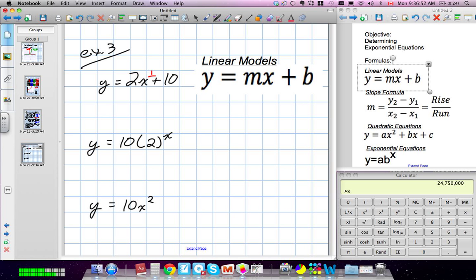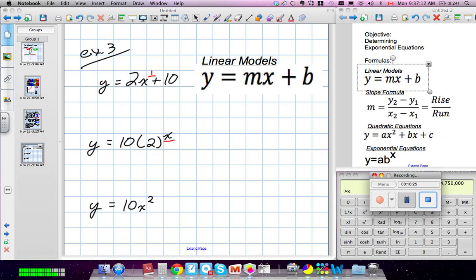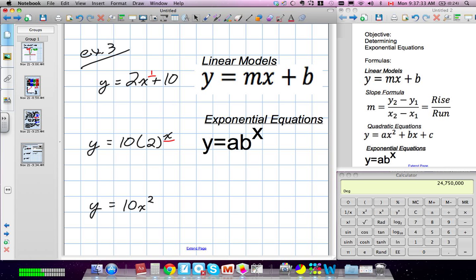Does anyone know what our second one might be? How do you know it's exponential? The variable in this one is an exponent. So because the variable is an exponent, that means we're dealing with an exponential function. So we have an exponential function. Our x variable is the exponent. That's how we know it's exponential.